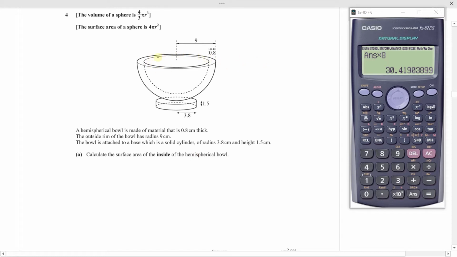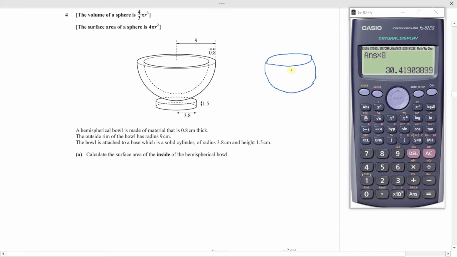So let me draw this inner hemisphere here separately. So we are only interested in the surface area of this bowl, let me try to make it look like a sphere.